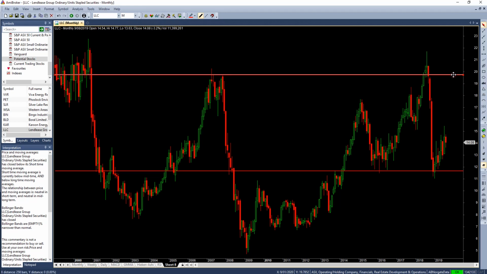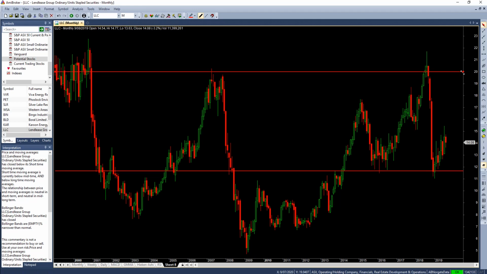There's a good example here. You can see 20, which is a round number. A round number can also be a psychological level. People say, I'm going to sell when the price reaches 20, or I'm going to sell when it comes down to 20, or buy when it comes down to 20. So this is a kind of psychological level.